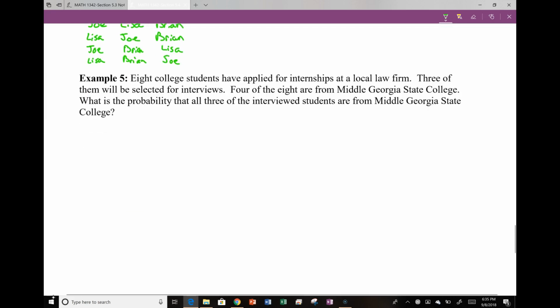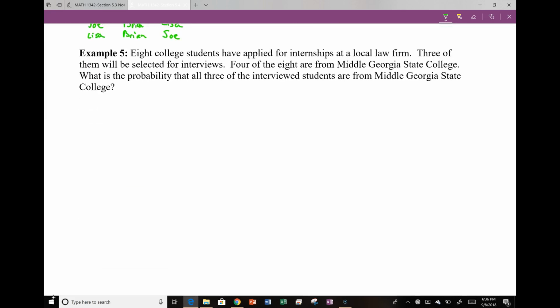Let's look at an example with the probability for combinations. 8 college students have applied for internships at a local law firm. 3 of them will be selected for interviews. Okay, so we have 8 total. So N is our 8. We're going to select 3. That needs to be an R, not a C. 3. 4 of the 8 are from Middle Georgia State College.